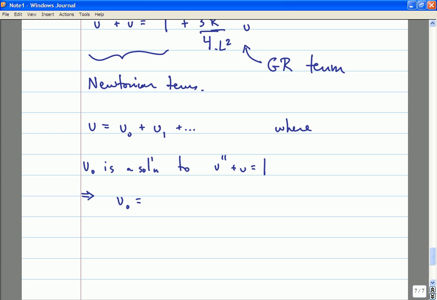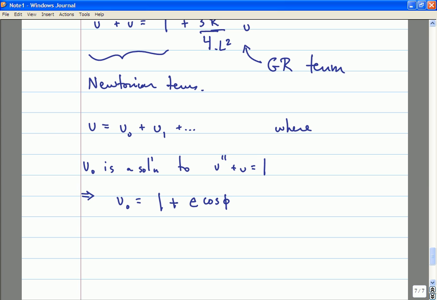I'll just choose my constants of motion so that it is a cosine. And then we need to add to that a particular solution of the driven equation. And if you look at the driving term 1, well, a simple solution to u double prime plus u equals 1 is u equals 1. So that is the solution to the Newtonian equation.